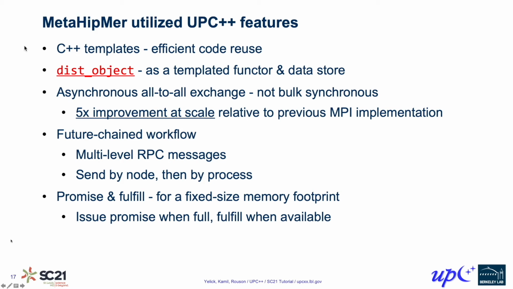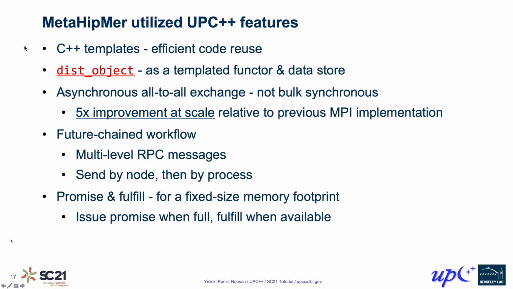There's a future chained workflow, using the future features of UPC++ that allows you to get multiple RPC messages overlapped, and they're sent by the node and then by the process so that we can get some aggregation also at the node level. So that helps also in terms of increasing our message size.